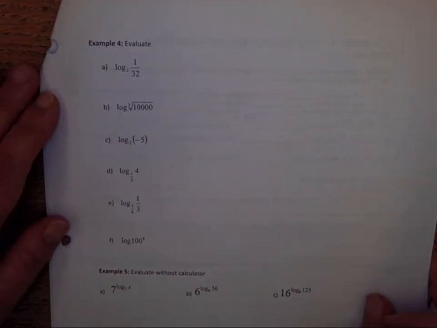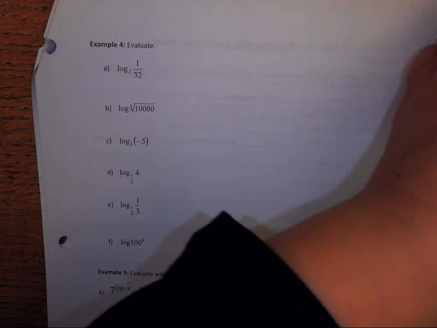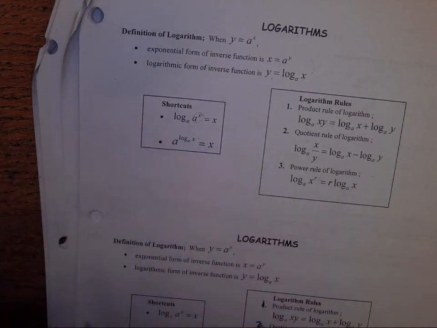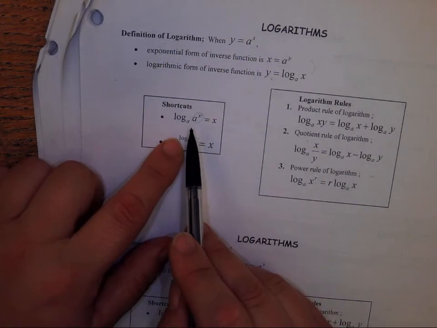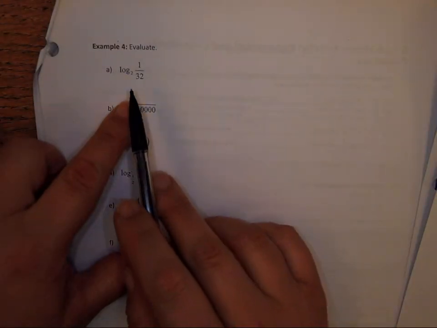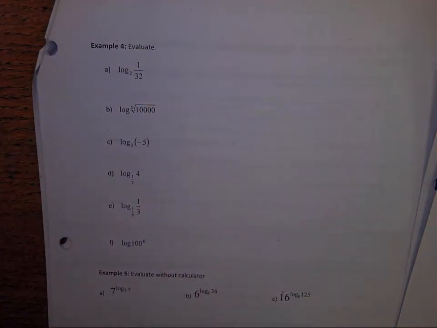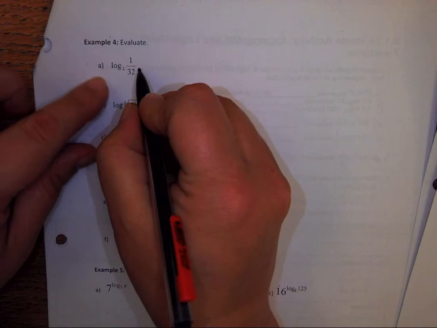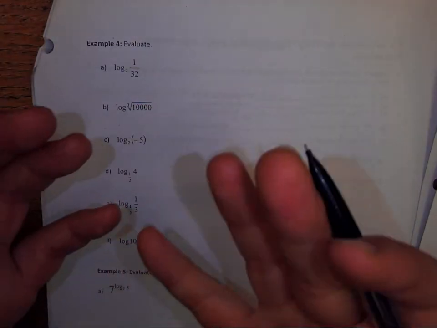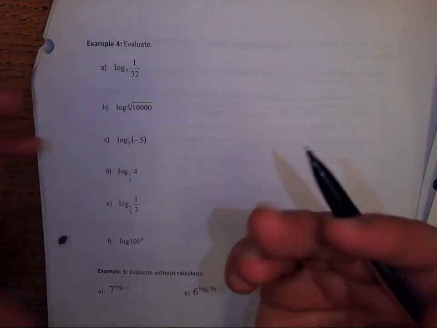Now we are going to do some evaluation, and we are going to use this shortcut to do that. Okay, so I mean, two ways of doing it. Let's apply both. One is going to be the shortcut, the other one switching it into exponential form. Yeah, let's do both of them. So let's use switching it into exponential form.